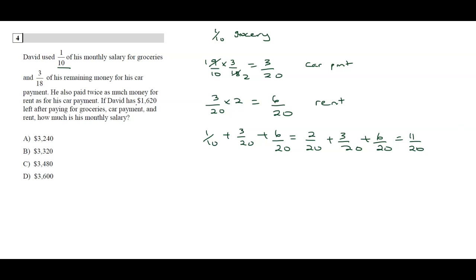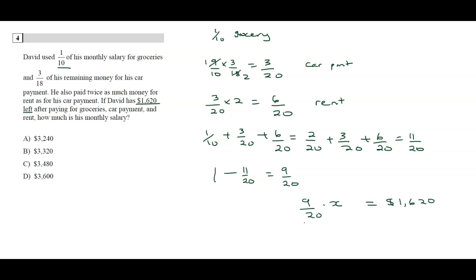So that's how much he has spent. But we're told that he has $1,620 left. So we need to figure out what fraction that represents. His full salary minus 11/20, which is what he spent, gives you 9/20. Now 9/20 represents 1,620. So how do we find his full salary? 9/20 multiplied by x gives us 1,620.